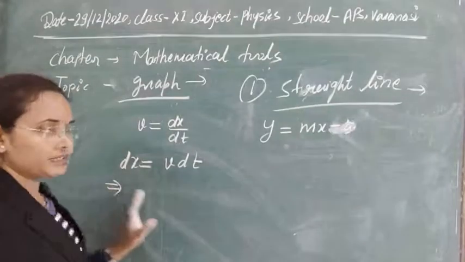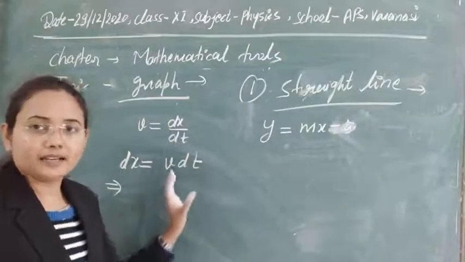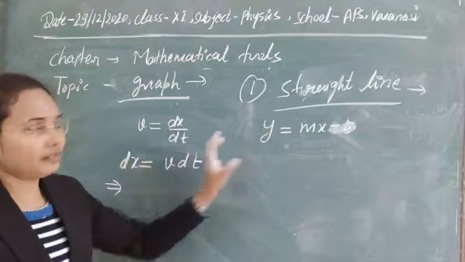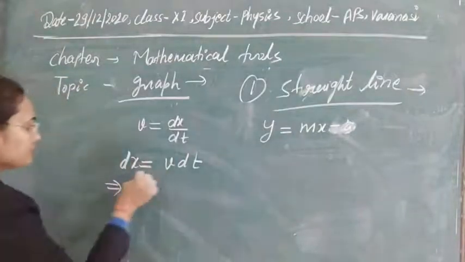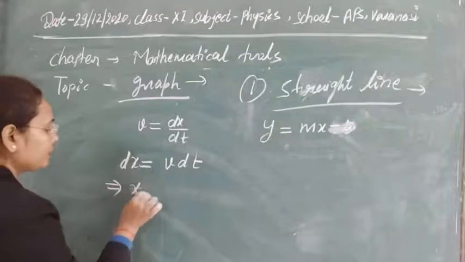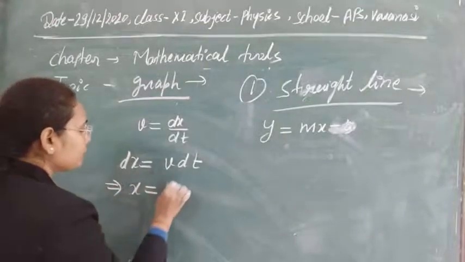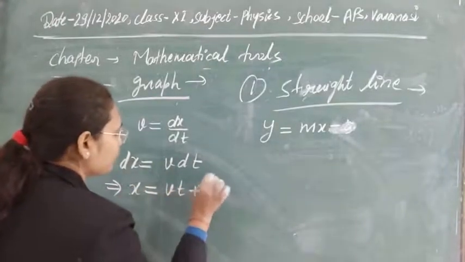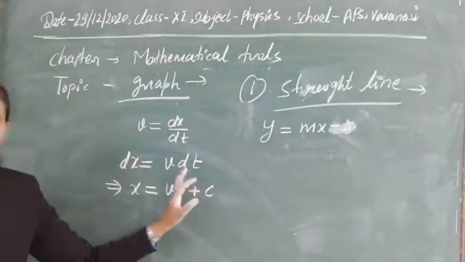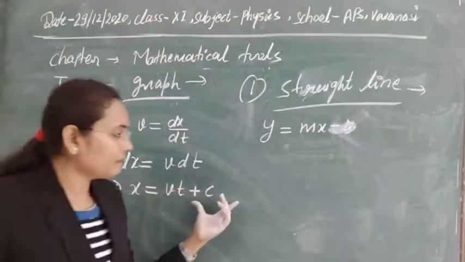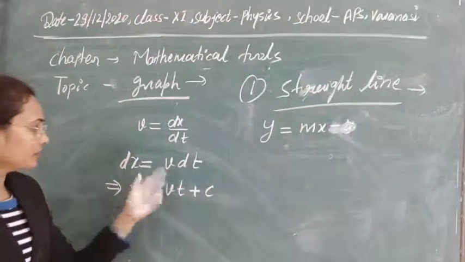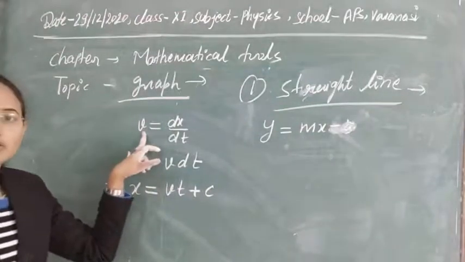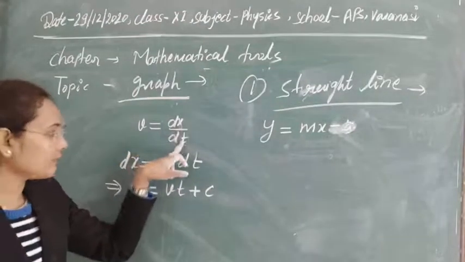After integration, I will tell you later. Here I am just going to take it directly. If you integrate it, we get x is equal to v into t plus some constant c. This is the integration method. Now you are seeing that we have two variables; here v is the constant velocity you are taking, and x and t are variables.